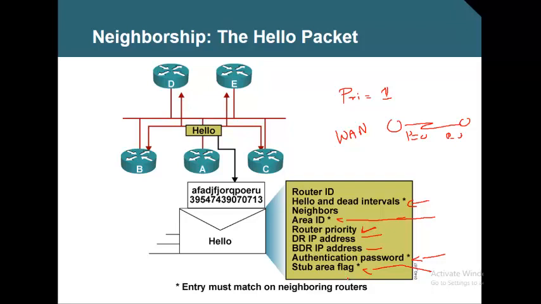The stub area flag must match in order to form neighbor. So here are a few but most important things of hello packet parameters, among which the timer, the area ID, the authentication string, and the stub flag should match. Now, do you have any question on this page?